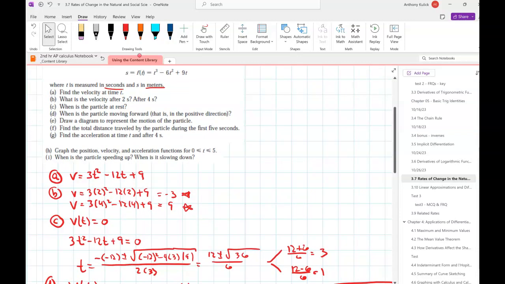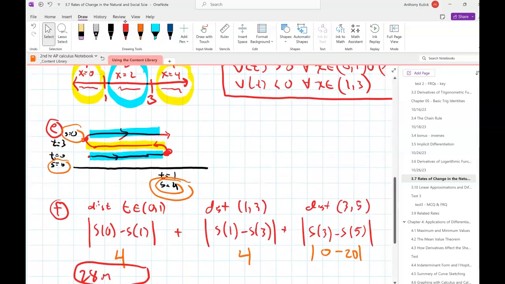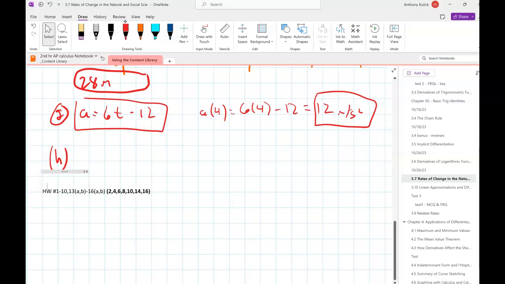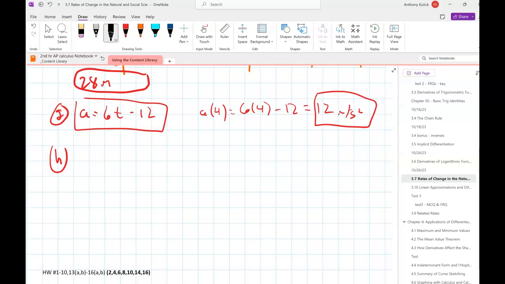Graph the position, velocity, and acceleration functions on the interval from 0 to 5. Okay. So let's make a little space for ourselves. That's meters per second squared.